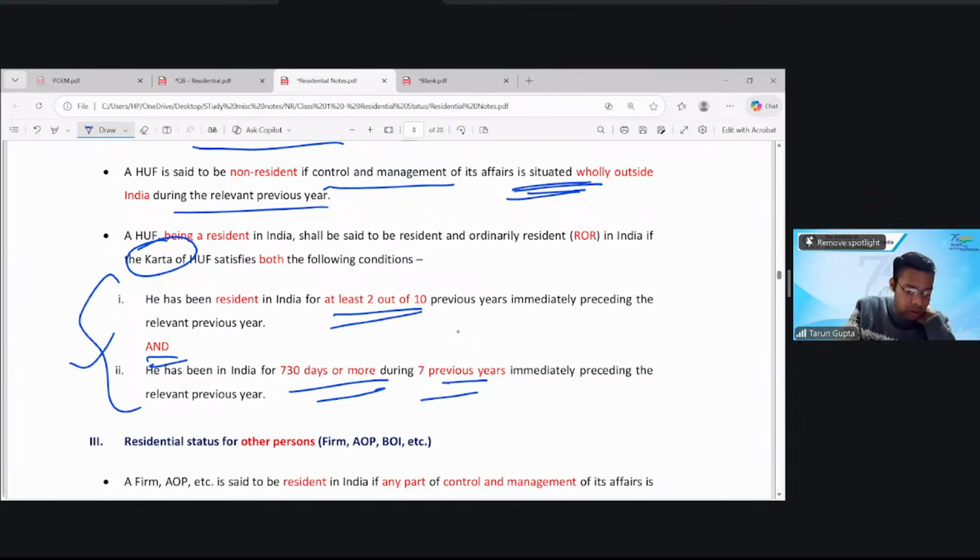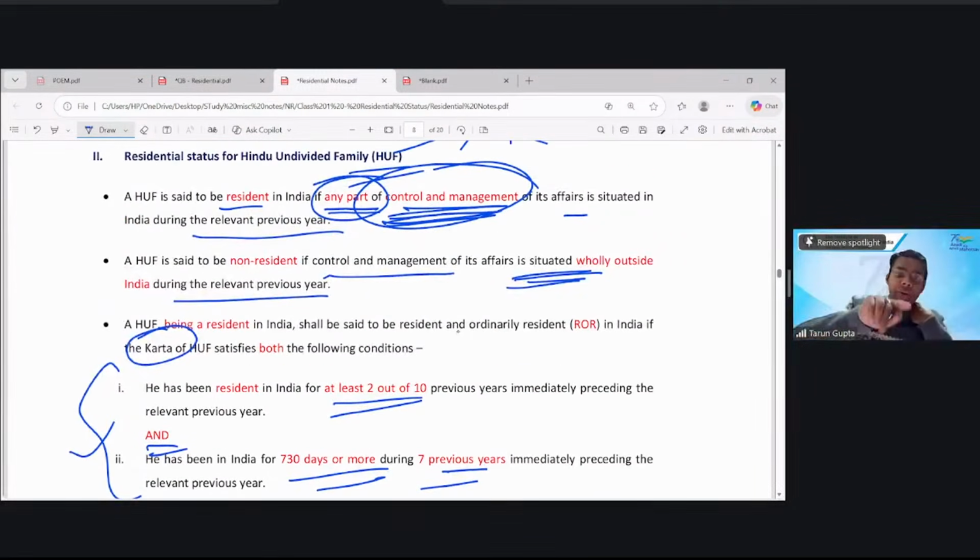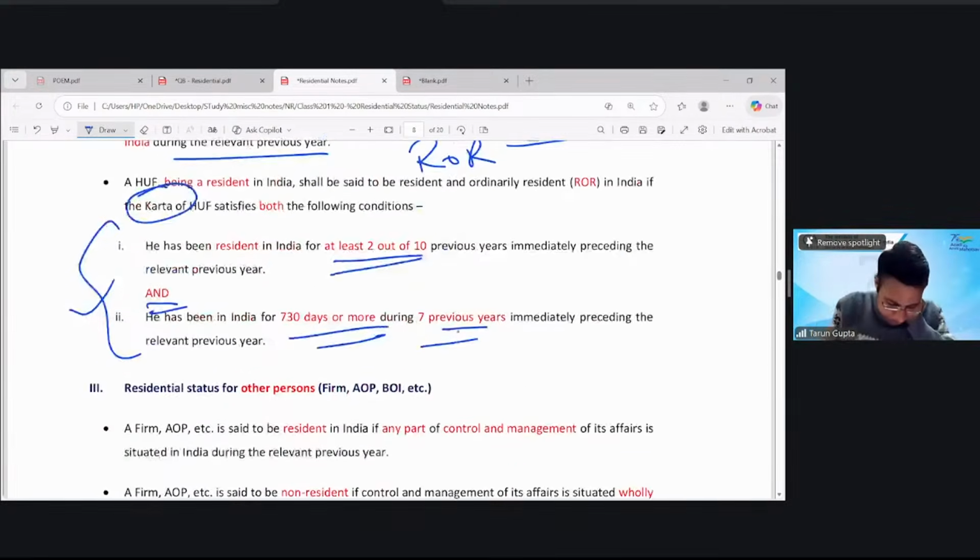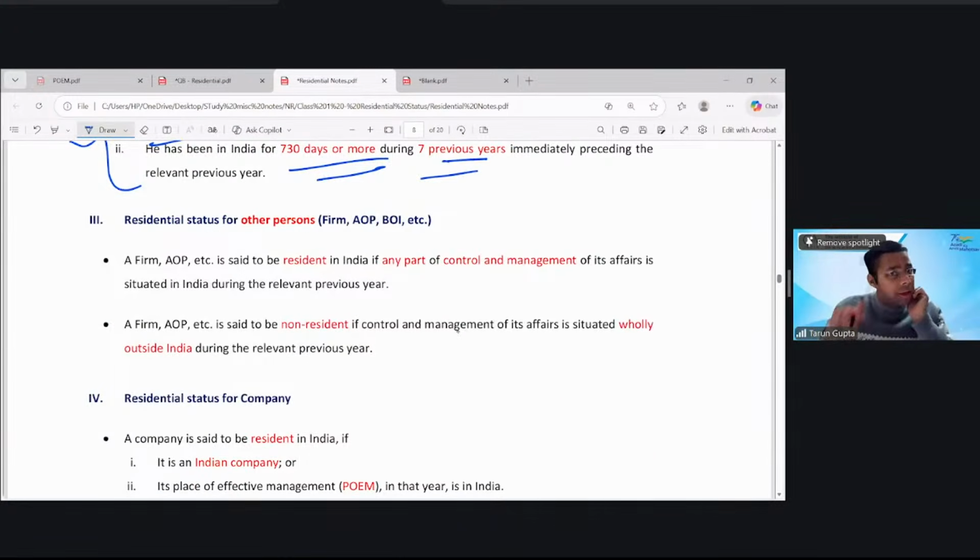If both conditions are satisfied, the HUF becomes ROR. If even one is not satisfied, the HUF becomes RNOR. Okay. This was the residential status of an HUF.